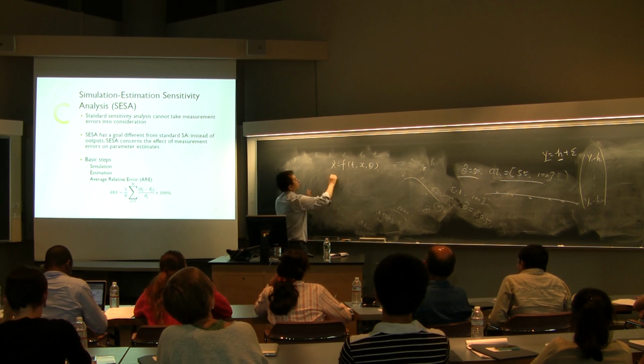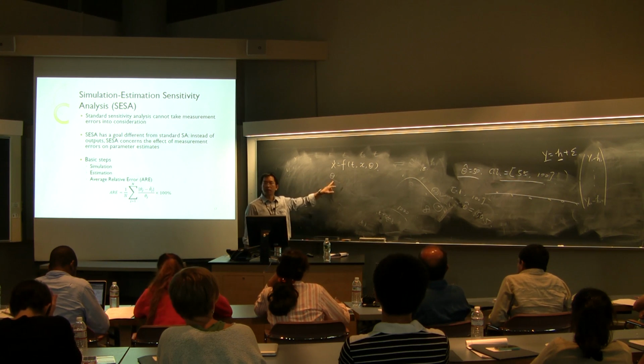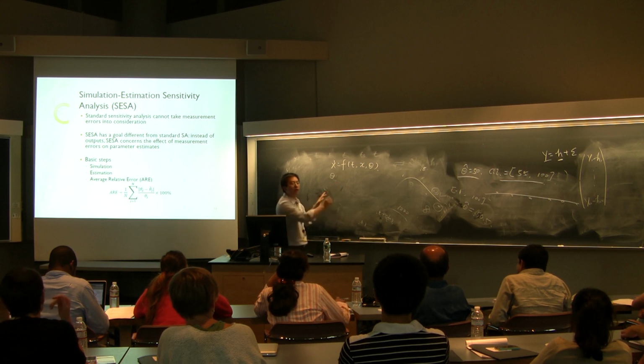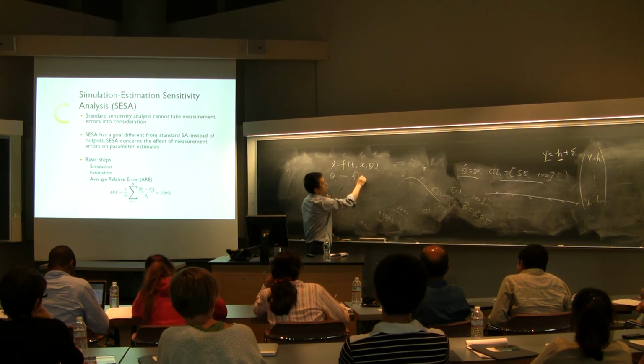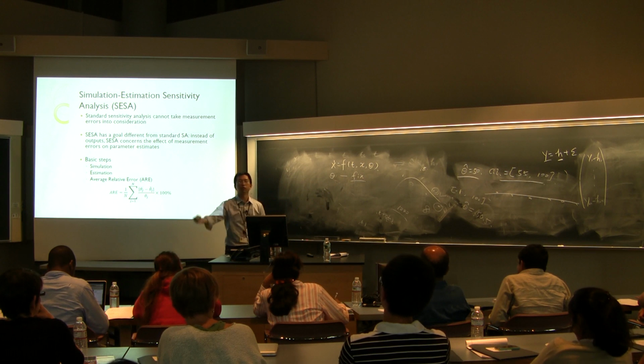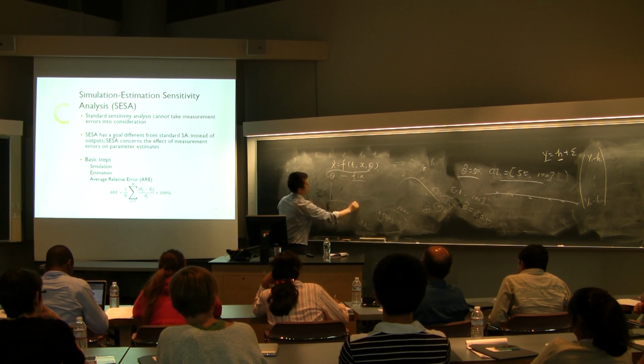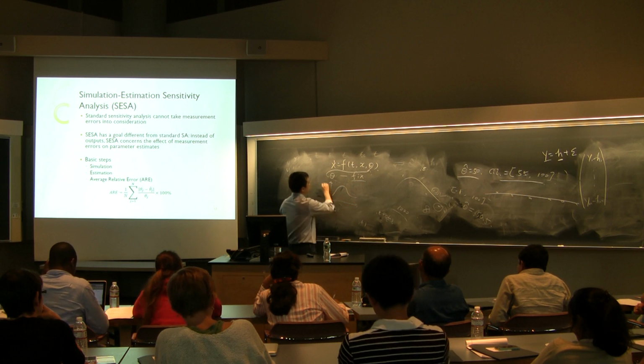Then we pull the values of the parameters from the literature. We fix them, based on published work or previous studies. Then we plug this in and solve it, so we get the trajectory of x.